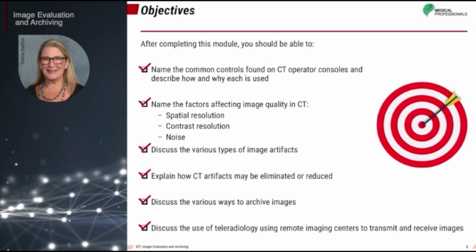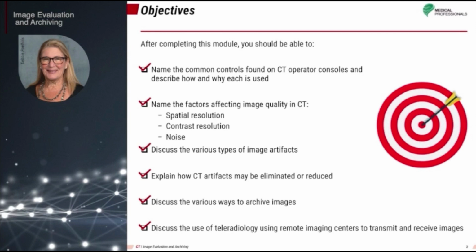We will discuss the various types of image artifacts and explain how CT artifacts can be reduced or totally eliminated. We will look at various ways to discuss archiving images, and we will discuss the use of teleradiology for remote imaging centers to transmit and to receive images.